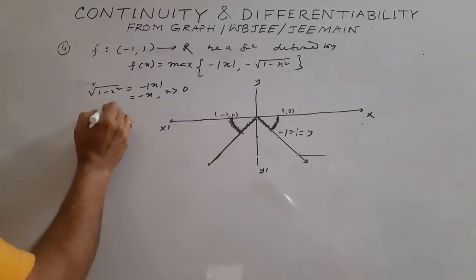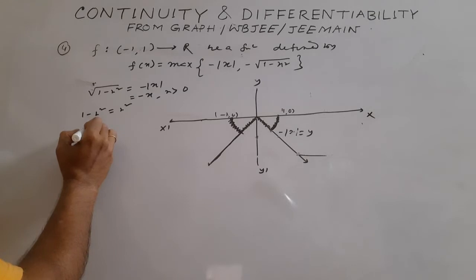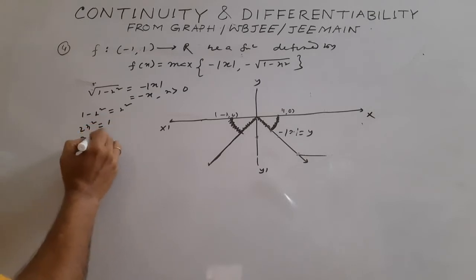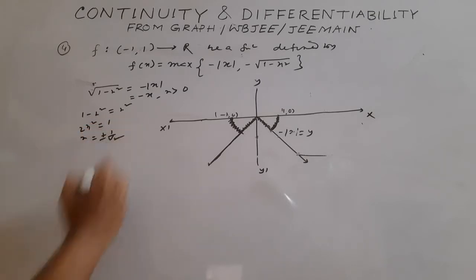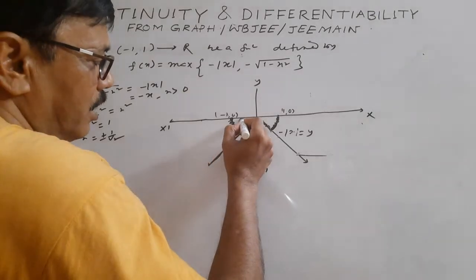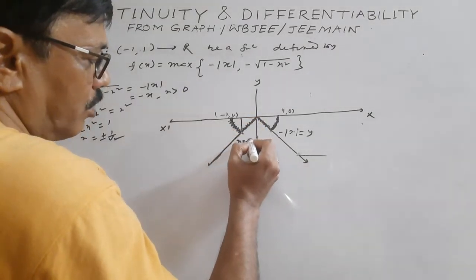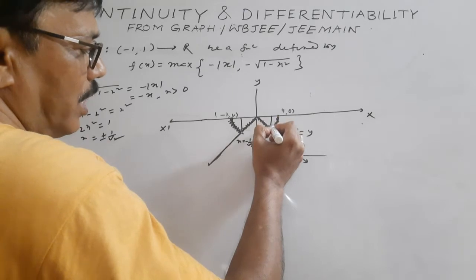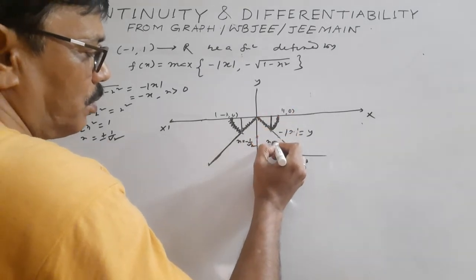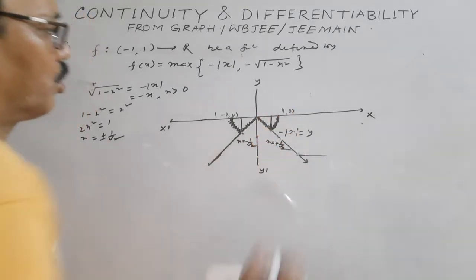So 1 minus x square is x square, so 2x square equals 1, x equals plus minus 1 by root 2. So this is x equals minus 1 by root 2, and this is x equals plus 1 by root 2.